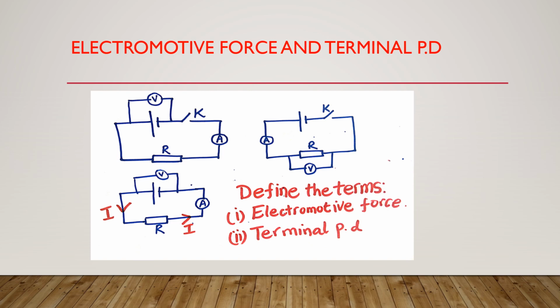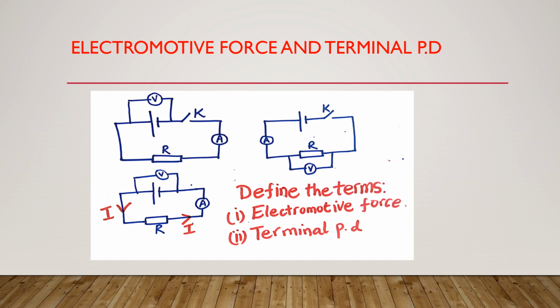What you see on the screen are three diagrams which will help me explain to you what electromotive force and terminal PD are. In the first diagram, we have a voltmeter, an ammeter, a switch, a resistor, and a cell, and the switch is open. Now, a voltmeter is always connected in parallel with a component whose potential difference is required. Even when that switch is open, the voltmeter will show a reading.